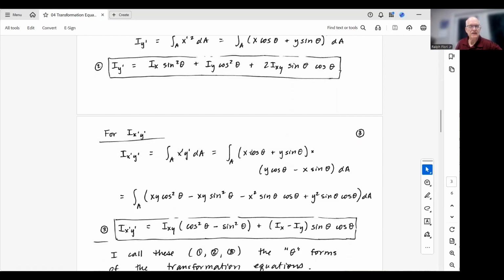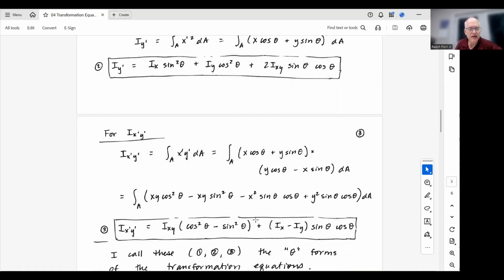You get a minus xy sine squared theta. You get a minus x squared sine theta cosine theta plus a y squared sine theta cosine theta, all times dA.